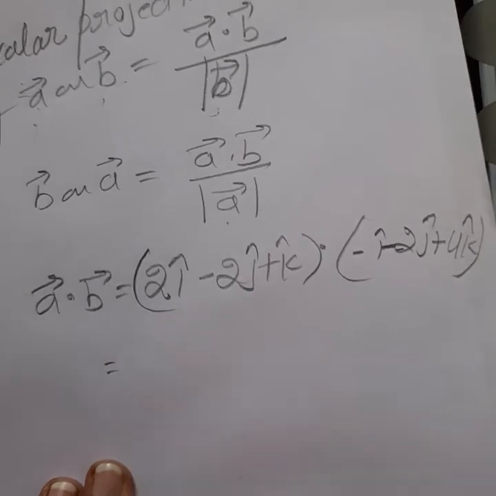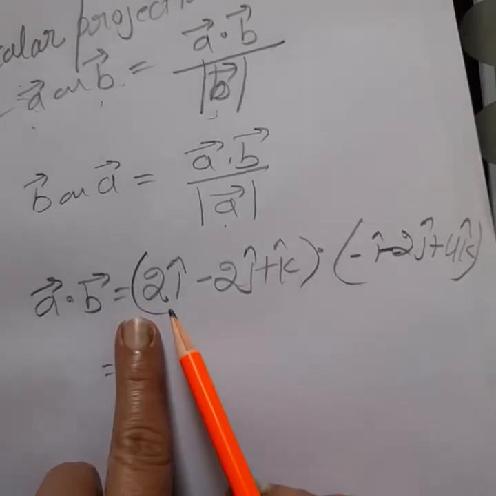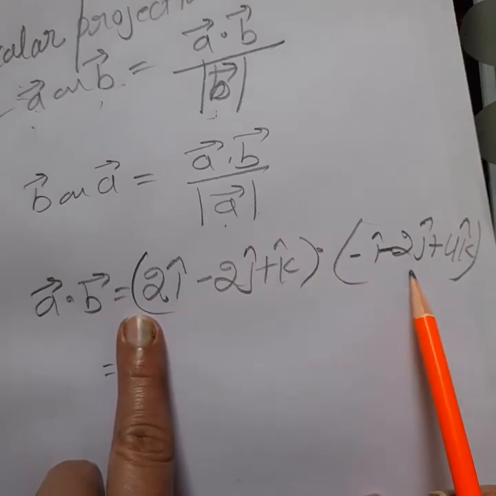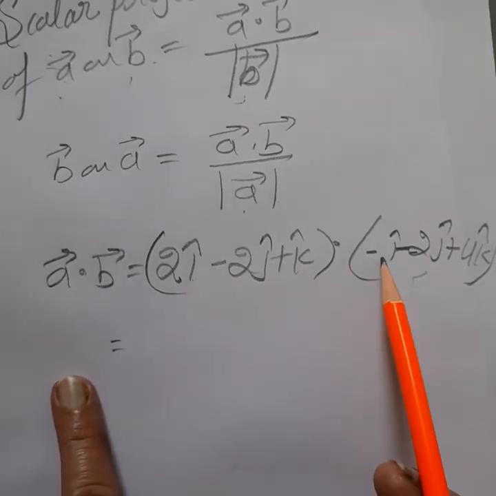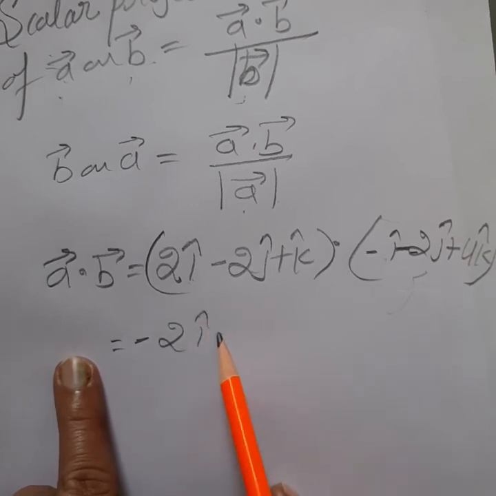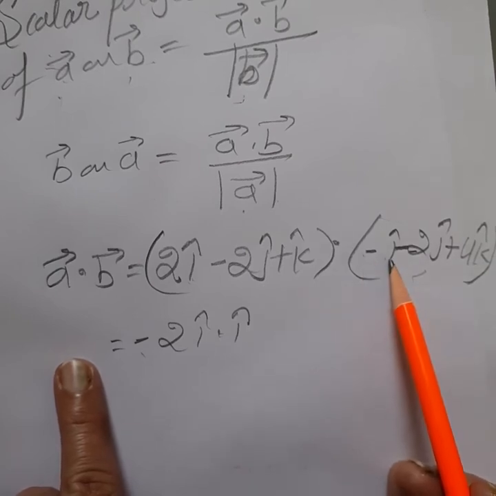Now we have to do our question. I told you in my previous video how we multiply these two brackets when we are doing the dot product. We multiply the component of i with the component of i. So we write here 2i multiplied by i. Why do we write the sign of minus? Because we have minus i in this bracket.